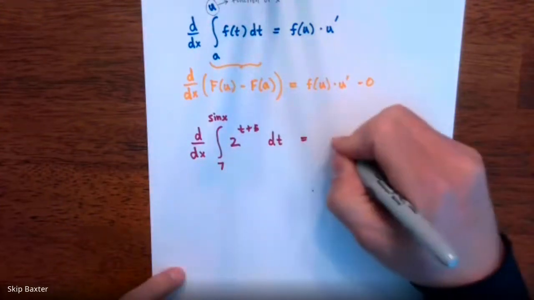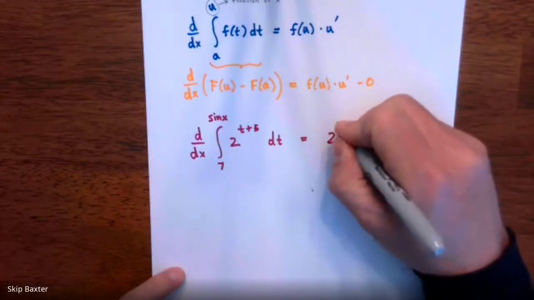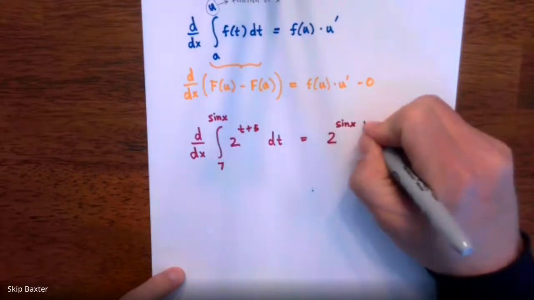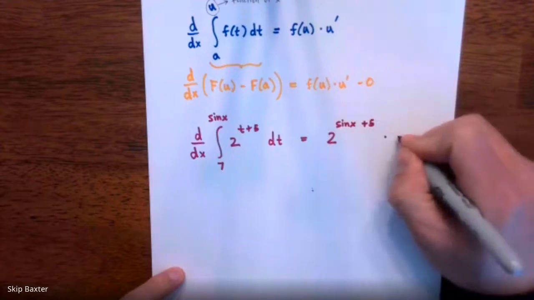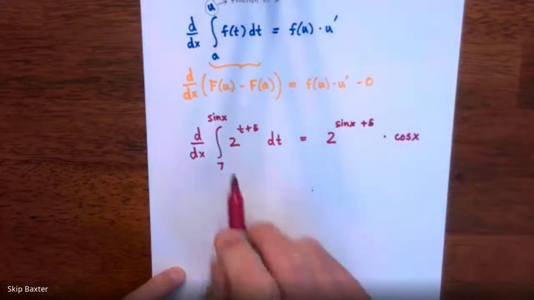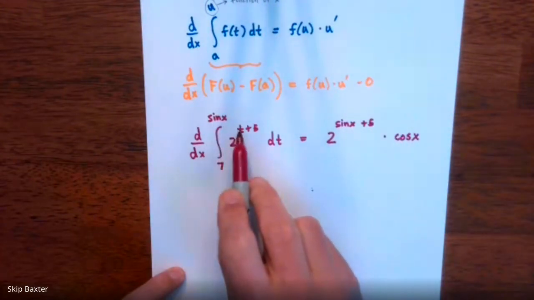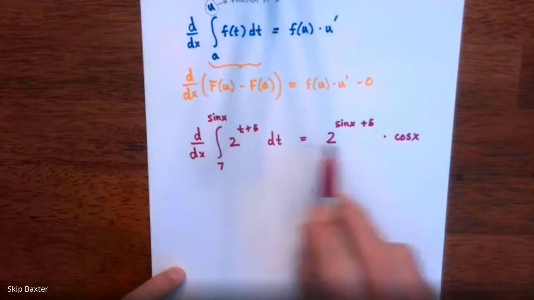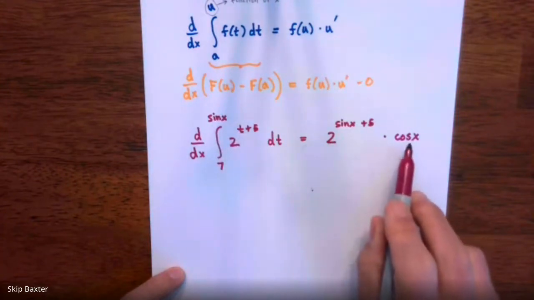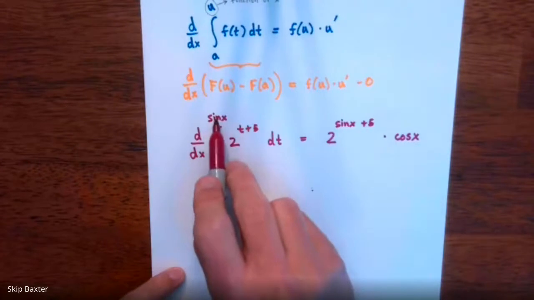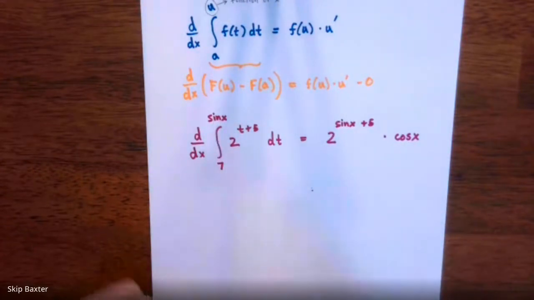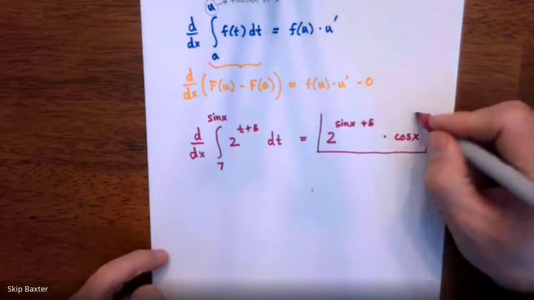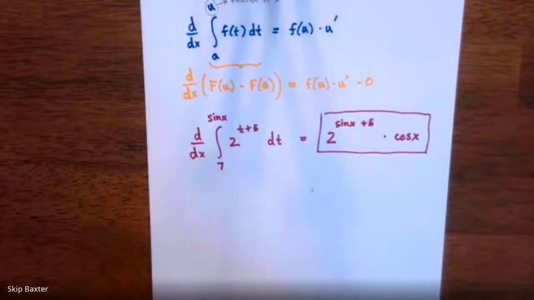The answer would just be 2 to the sine x plus 5 times cosine x. I just took sine x, substituted it in for t, and then in the end I did the chain rule. I multiplied by the derivative of the u, which is the derivative of sine x. And that's it. That's the answer. Okay.